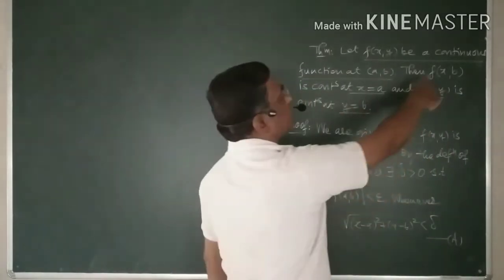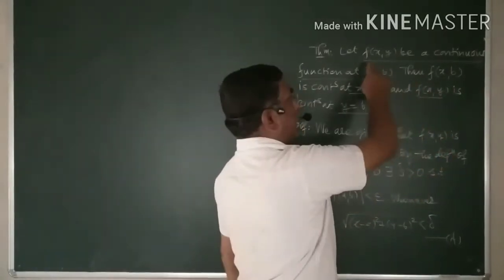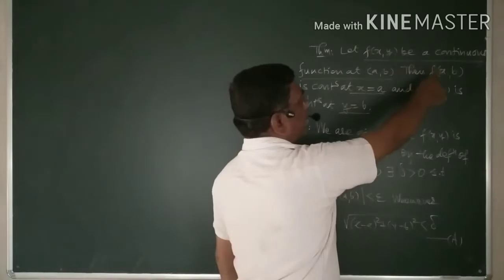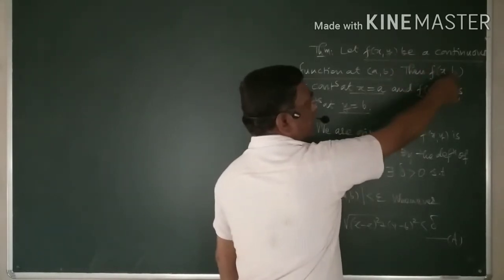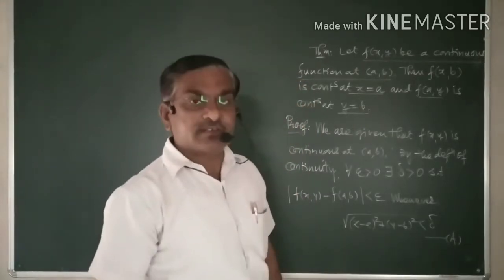Now, if you look at f of x comma b, we are considering here y is equal to b, and b is a real number. Therefore, y is to be considered as a constant.